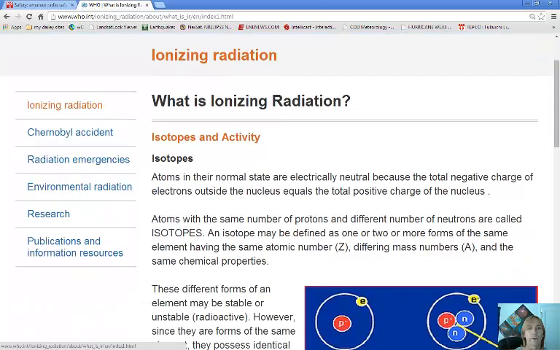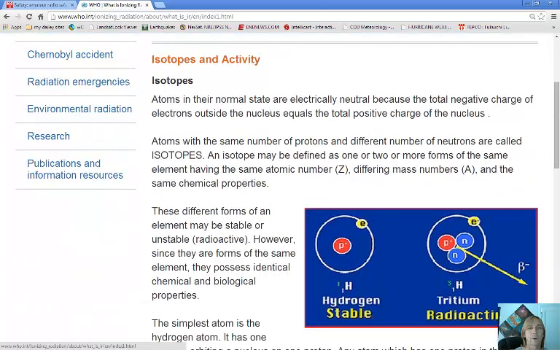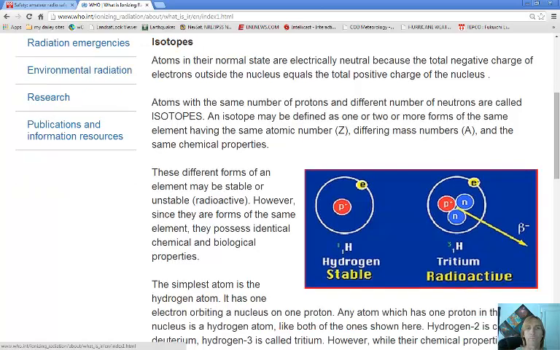Isotopes and activity. Isotopes. Atoms in their normal state are electrically neutral because the total negative charge of the electrons outside the nucleus equals the total positive charge of the nucleus. Atoms with the same number of protons and different number of neutrons are called isotopes.